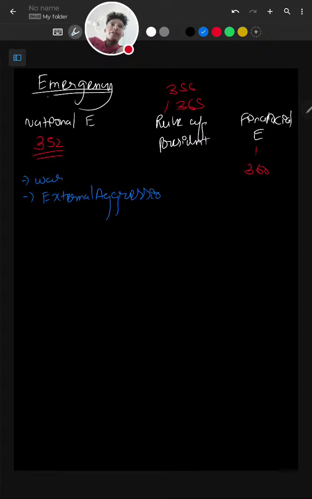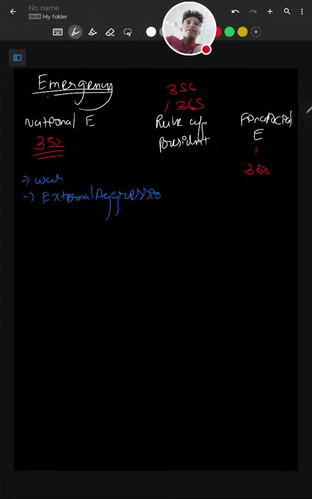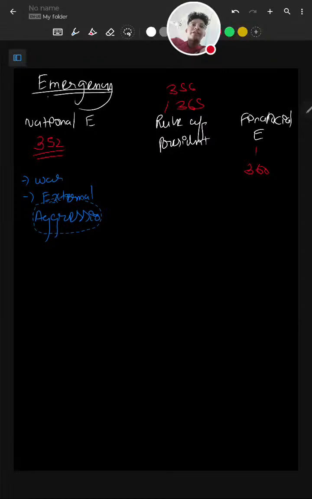Supposedly, if I take an example of China, if they are doing aggression towards us, then we would apply national emergency, because it would not be safe for our citizens.